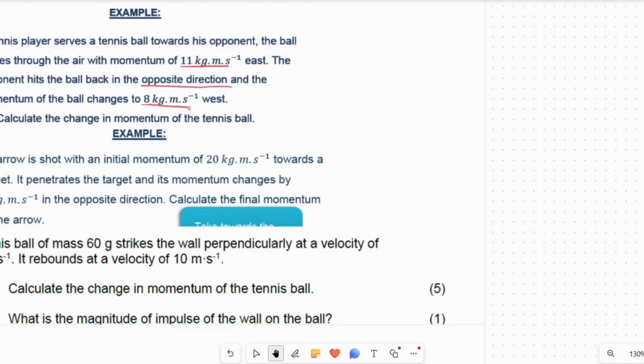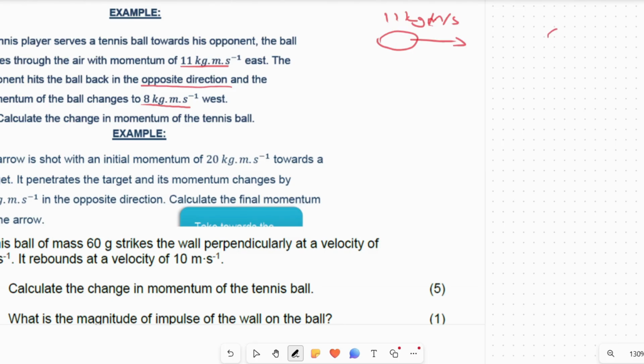All right, then the first question says calculate the change in momentum of the tennis ball. I want you to understand this. Remember, this is a tennis ball that has a momentum of 11 kilogram meters per second. Then there is a tennis player who is going to bat this ball back.